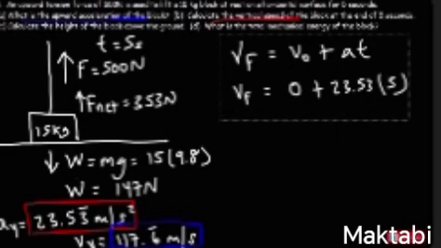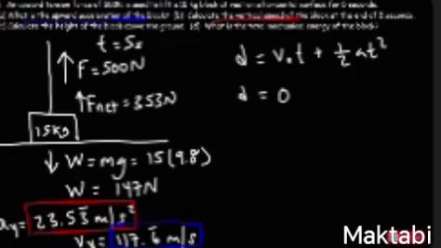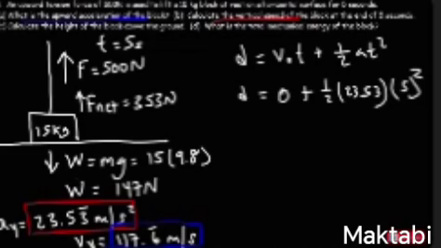Now moving on to part C, we're going to calculate the height of the block above the ground. So to do that, we could use this formula. D is equal to V initial T plus 1/2 AT squared. So D is going to be the displacement in the vertical direction. V initial is 0. We have the acceleration, which is 23.53 repeating, multiplied by the time, which is 5 seconds, and we're going to square it.